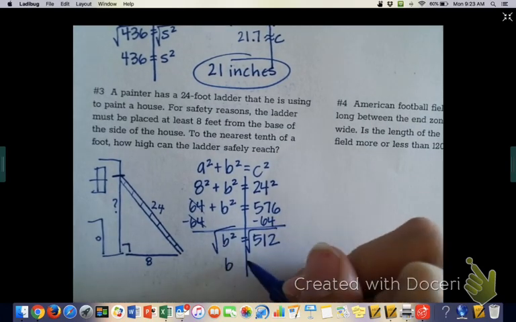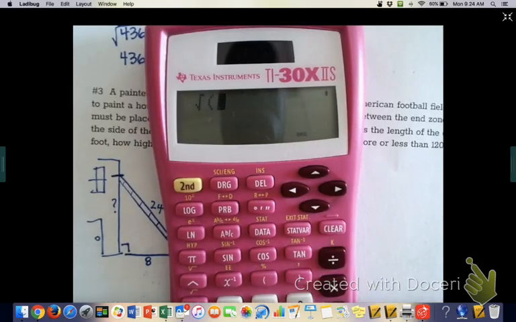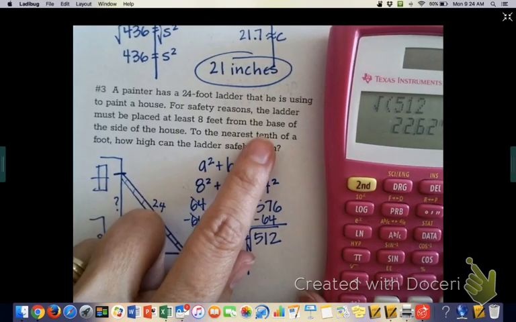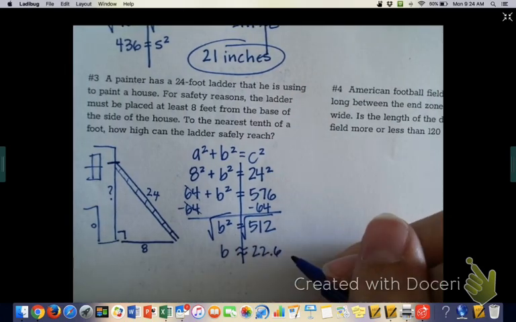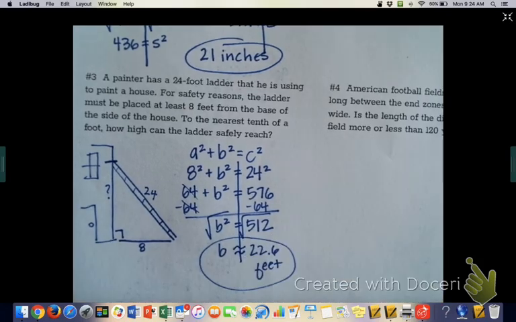So b is about 22.6. What are we rounding to? The nearest tenth. So yeah, 22.6. And they're talking about feet. All right, there we go.